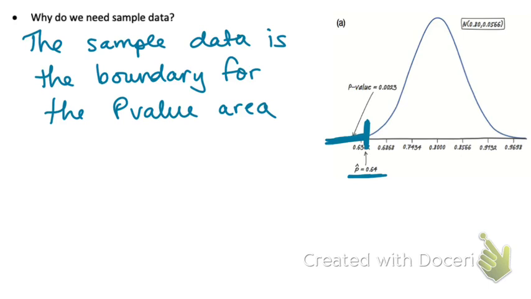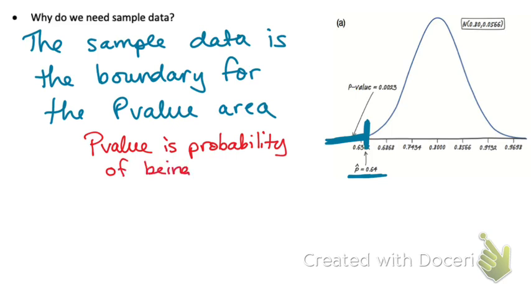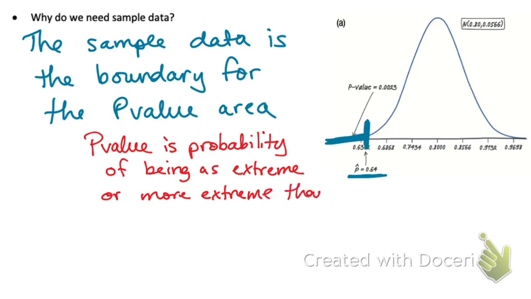That's where the p-value comes from. The p-value is the probability of being as extreme or more extreme than the sample we got. P-value is the probability of being as extreme or more extreme than our sample showed.